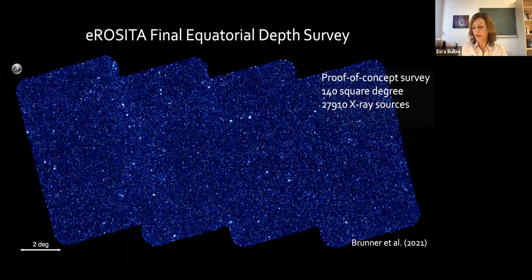We have a variable source working group working on these variable sources, in collaboration with other X-ray telescopes like Swift and NICER, and also ground-based telescopes. As soon as someone detects something, they look immediately at the EROSITA data. I know that they're working on it, but of course within the limitations of the schedule of the observations.